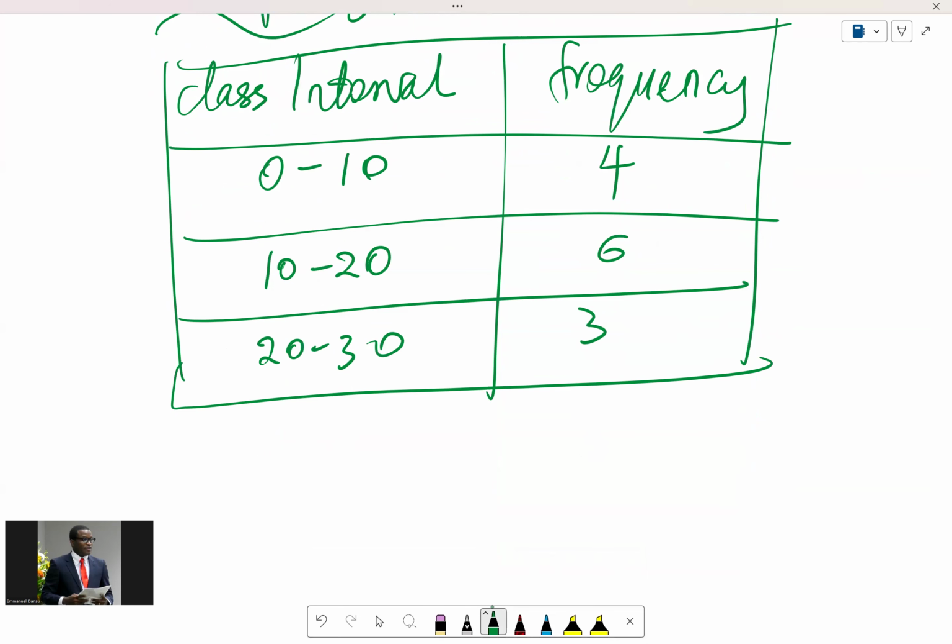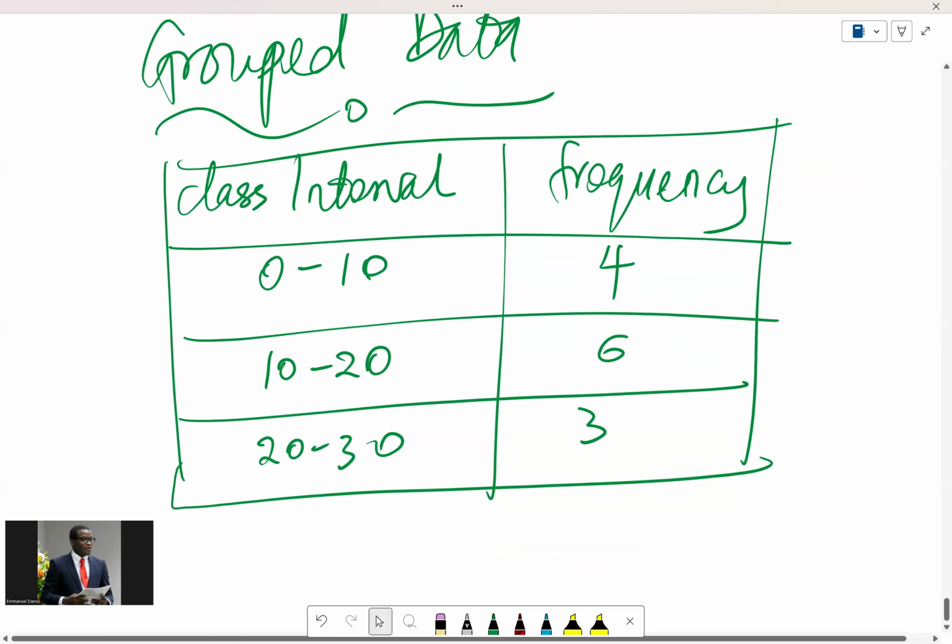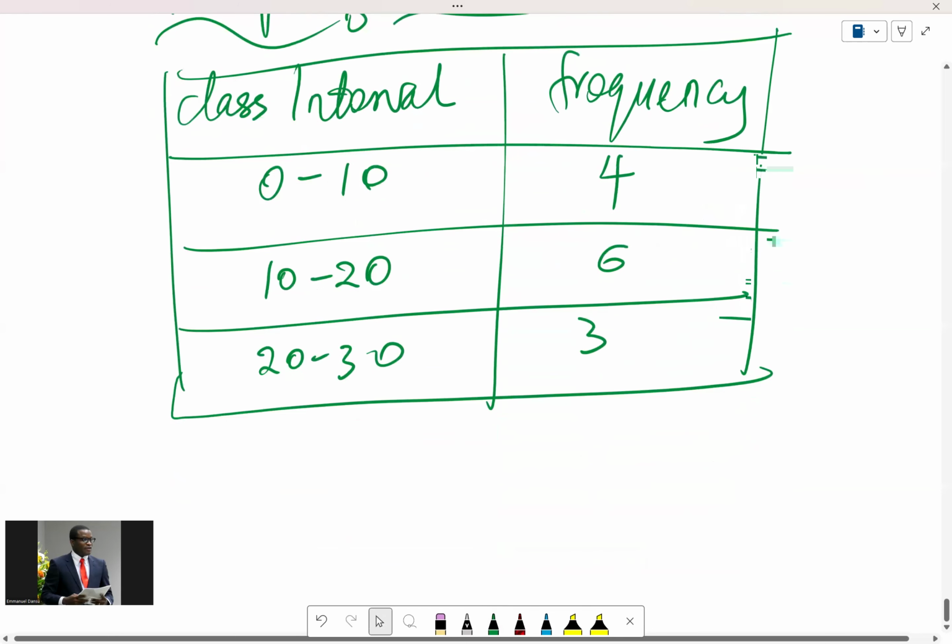We need the cumulative frequency distribution, right? Because we know already that whatever we are looking for, we need Q1 and Q3.